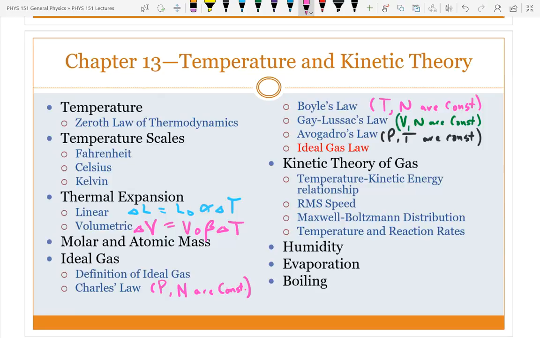The other one is a little harder to think about. And that is that they have an infinitesimal or no volume. In reality, of course, they have volume. But if you have a gas that's not very dense, then the space between molecules is so much larger than the size of the molecules that we can treat them as having roughly no volume.